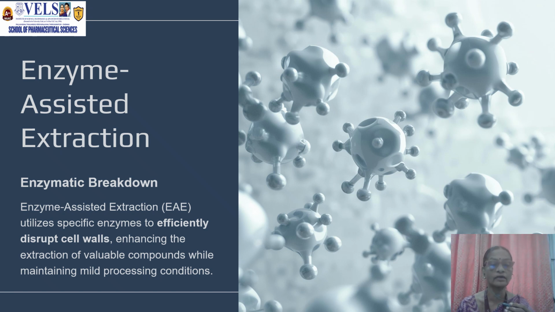Processes done with the help of enzymes are called enzyme assisted extraction. By using this technique, we can isolate glycosides, polypeptides and proteins from the plant cell. Here the enzymes are added along with the plant material in the extraction solvent. The enzymes disturb the cell wall efficiently, enhancing the extraction of valuable compounds while maintaining mild processing conditions.